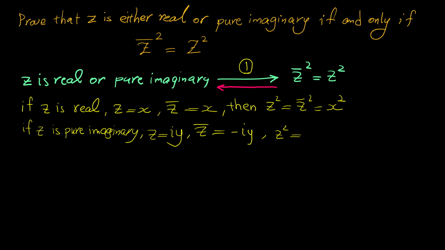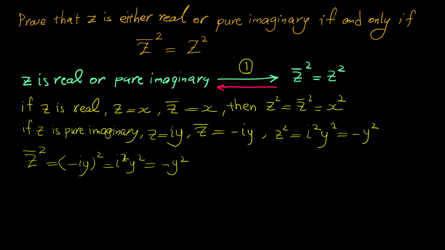But we know that i to the 2 is negative 1. So it equals negative y to the 2. But if you pay attention, z conjugate to the 2 would be negative iy to the 2, and this equals i squared y squared. But i squared is again negative 1, so it's negative y to the 2.